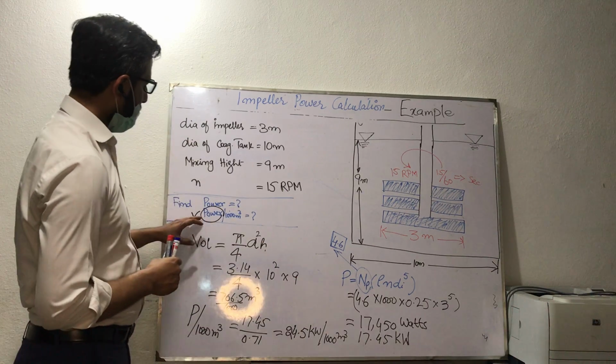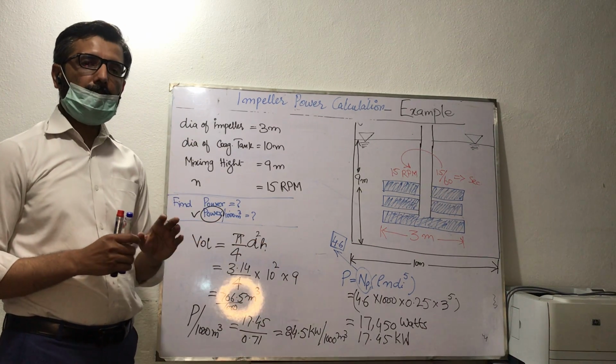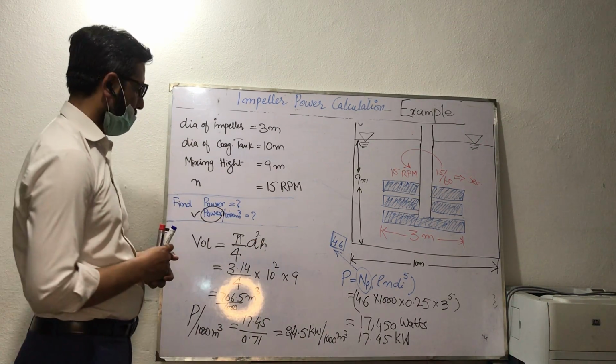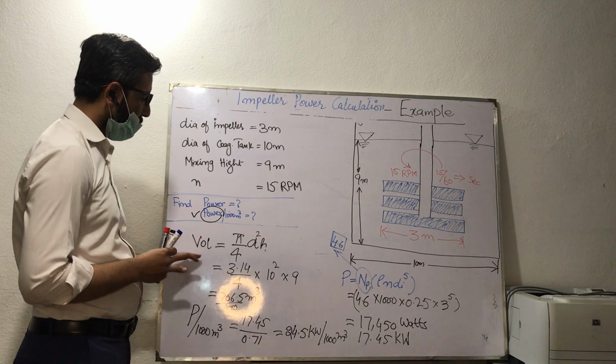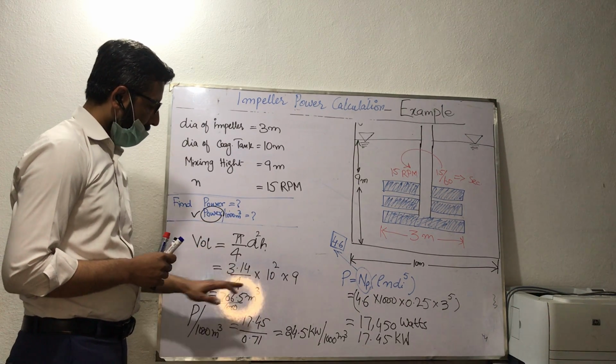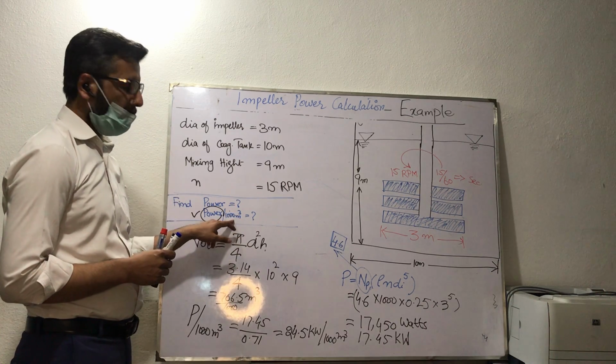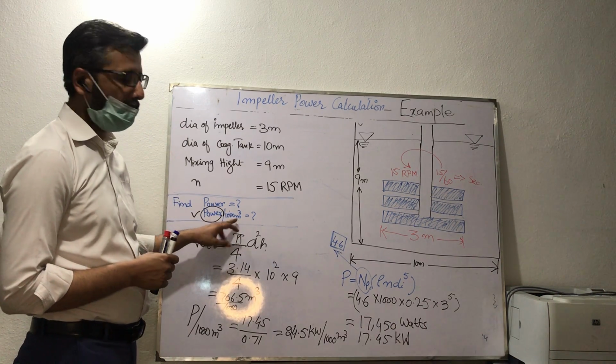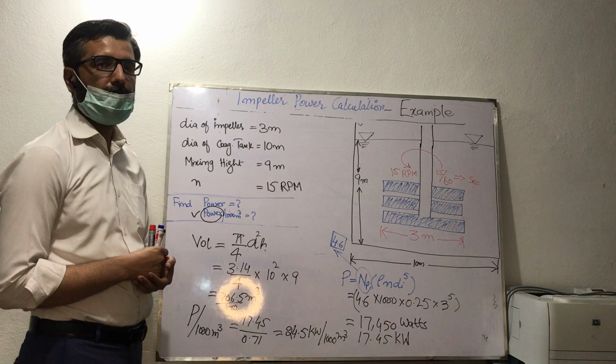Then comes the second question, which is the power requirement of the impeller per 1000 cubic meter. We have to calculate the volume first. We have calculated the volume, and then we have divided that volume by 1000, because it was the requirement of the question.